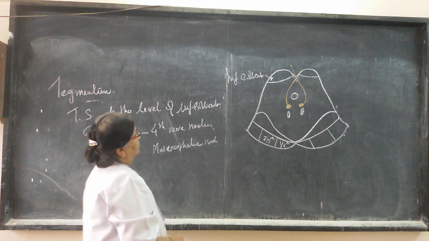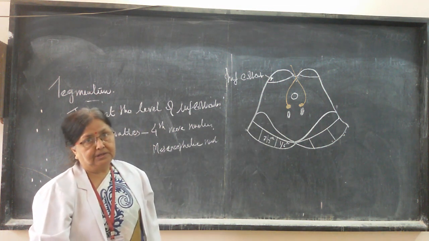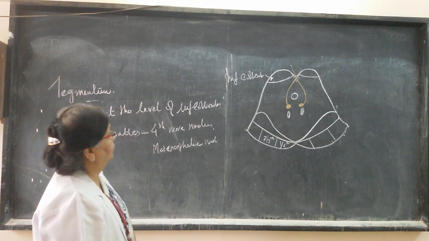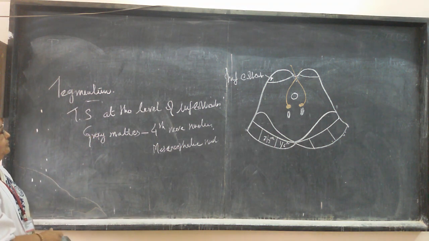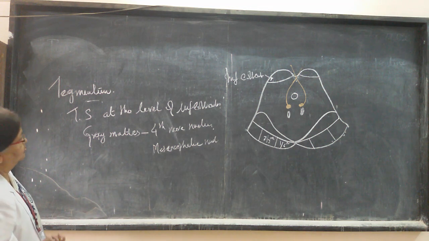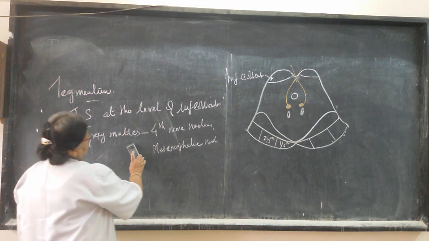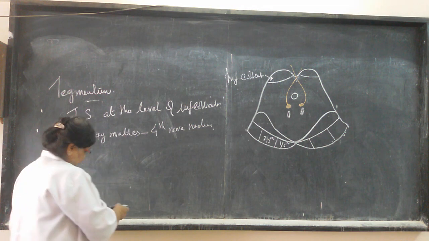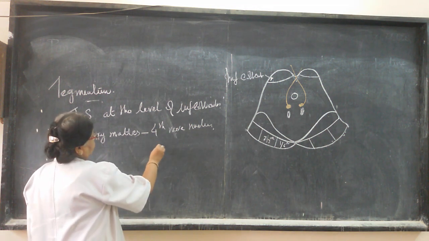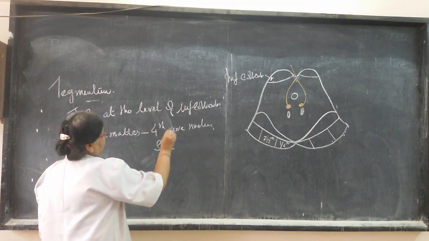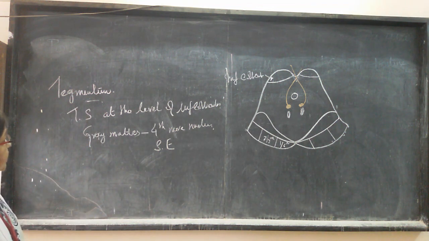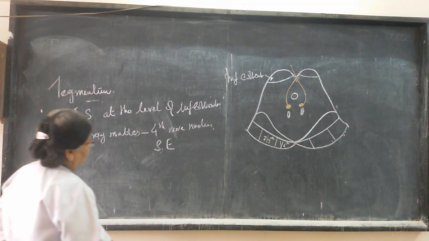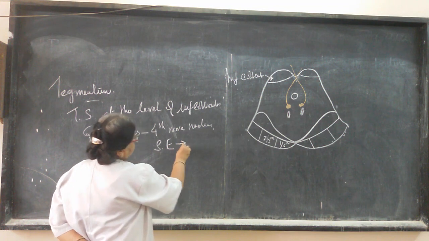In this way, the fourth cranial nerve is the only nerve which emerges from the dorsal surface of the brain stem. Its functional component is somatic efferent, and it supplies the superior oblique muscle of the eyeball.